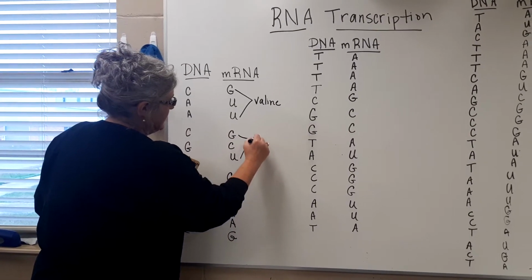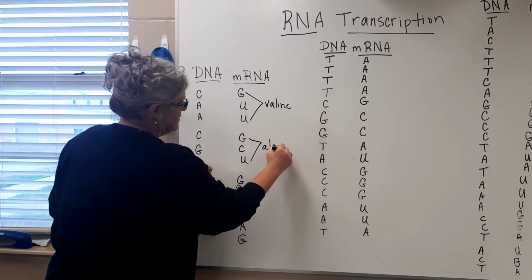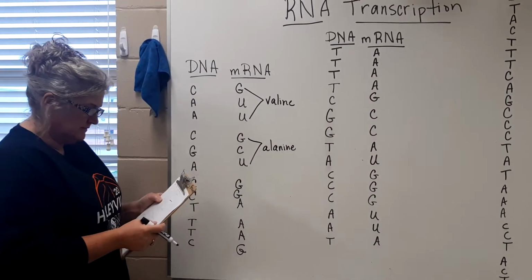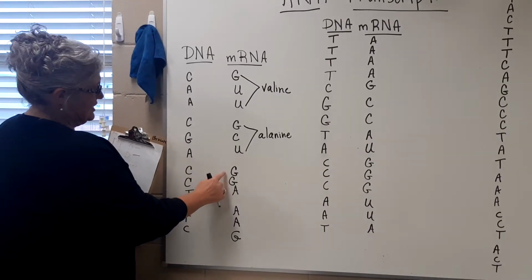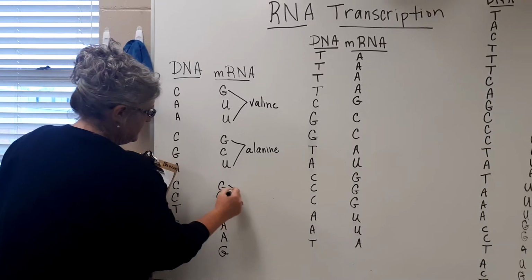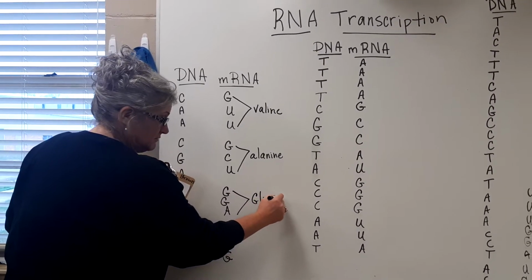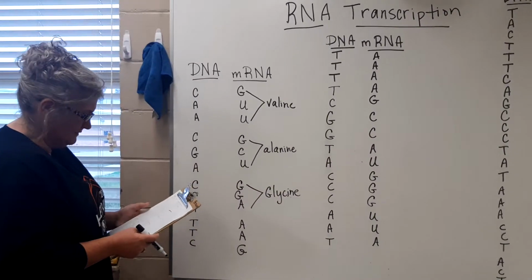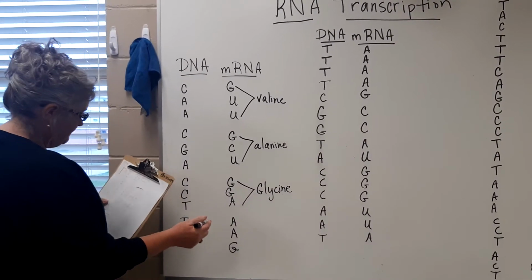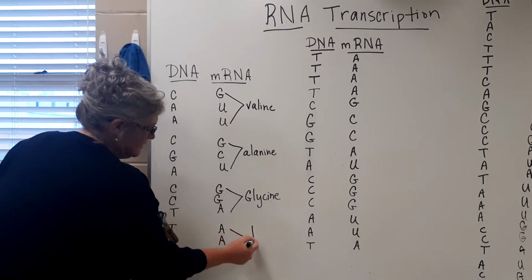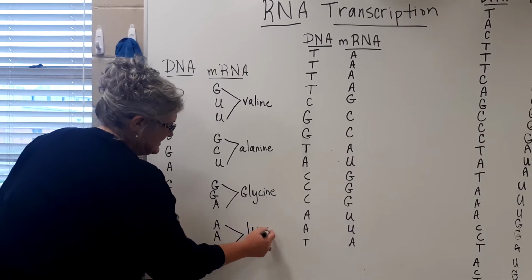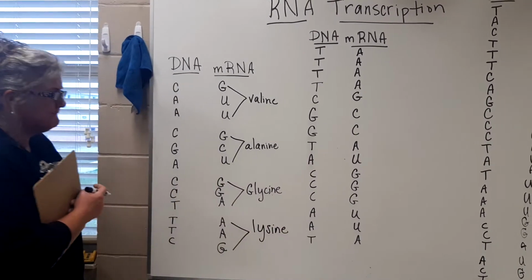I'm going to make those little lines to make it easier for you. That'll be alanine. Then look up GGA, and that'll be glycine. Now let's try the fourth one, and it's lysine.